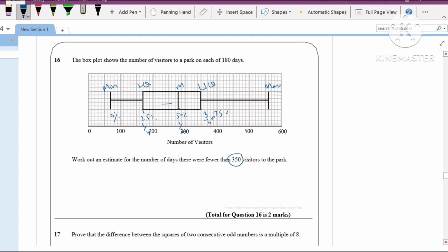He is looking to work out the estimate of the number of days there were fewer than 350. So we can see that there is 350. It means he is looking for the value here. I'm saying that these are three-fourths, it means 75%, or 3/4.